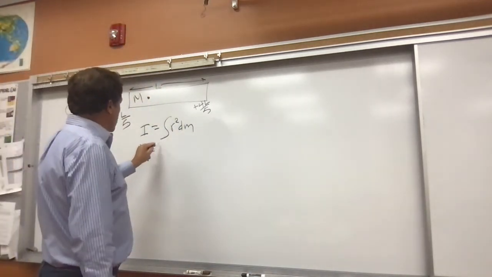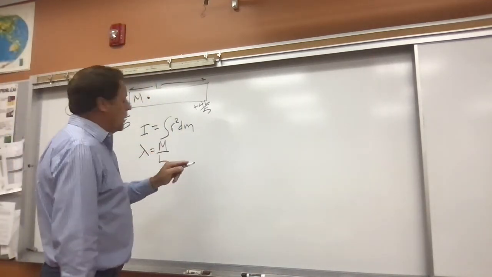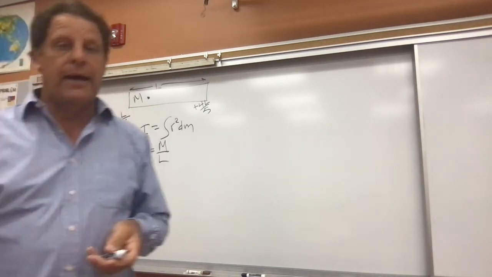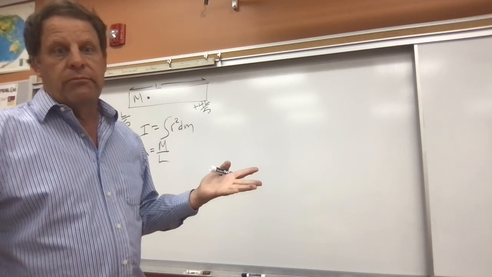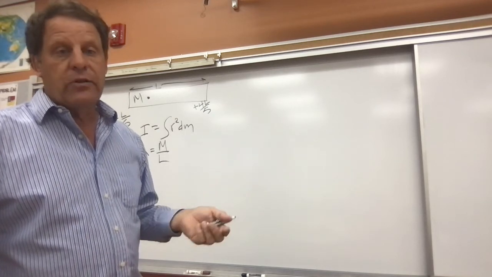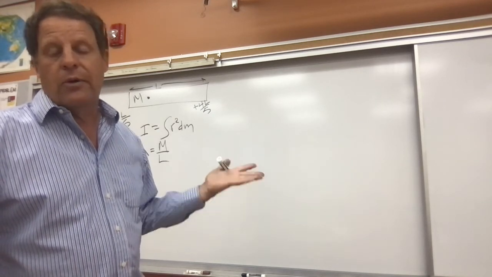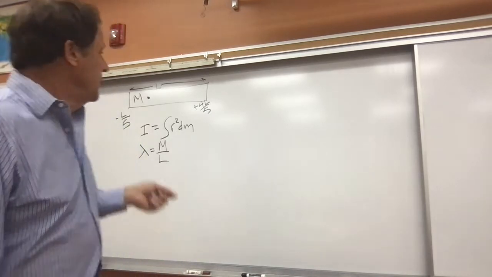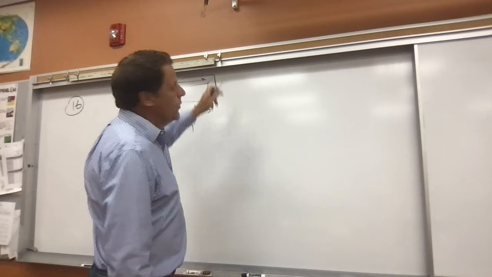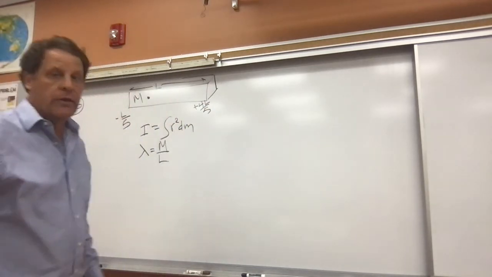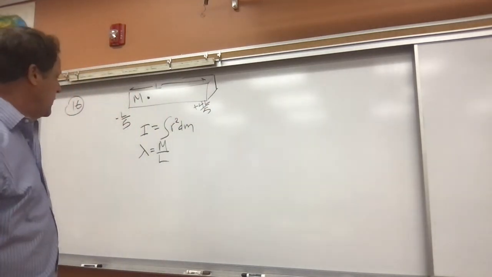And so our linear density is mass divided by length. It's just like the volumetric density, which is mass over volume. All we're doing is changing it to length. Presumably here our width and height would be similar, and therefore they would end up canceling out anyway.